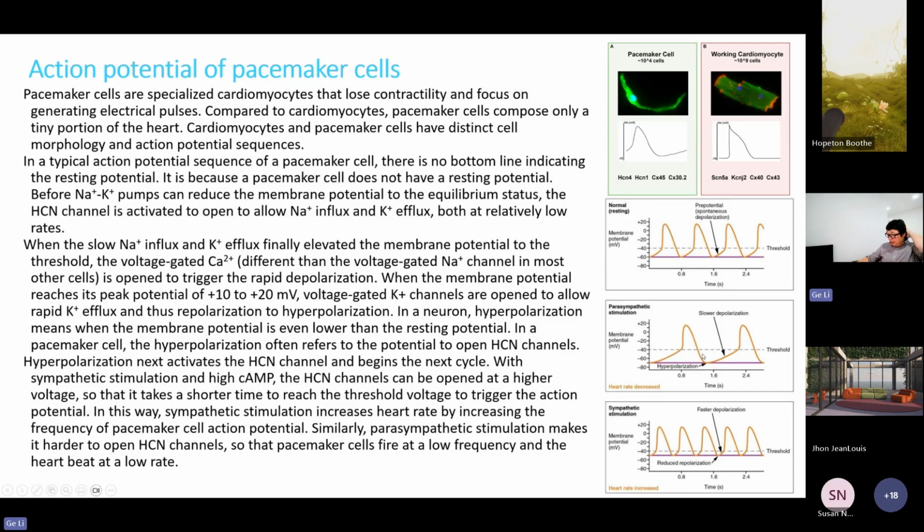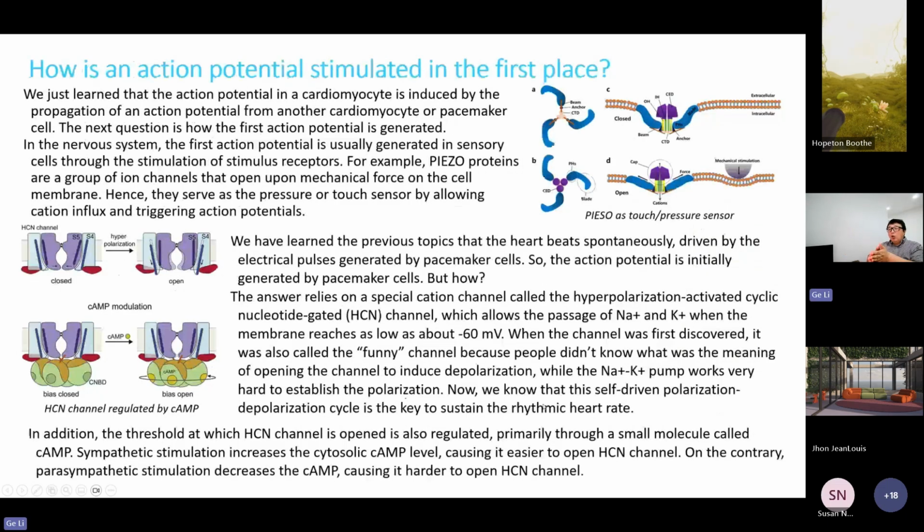In this case, the time interval between two heartbeats will be much longer, and this person has a much lower heart rate. So now we know that the heart rate is determined by how widely the HCN channel is open. Then the next question is, what determines how widely this HCN channel is open?